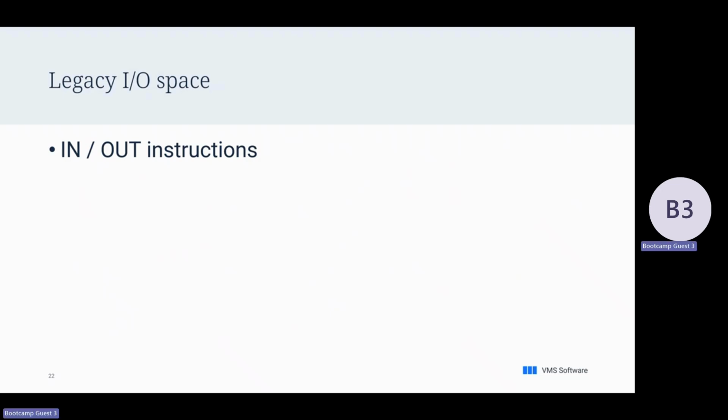And so these instructions, they're funny. They're kind of like half privileged. There's a bitmap that decides which IO ports can be accessed from user mode code and which ones can only be accessed from kernel mode code.